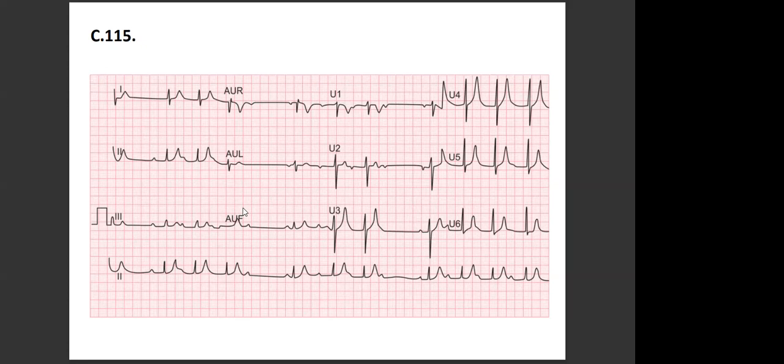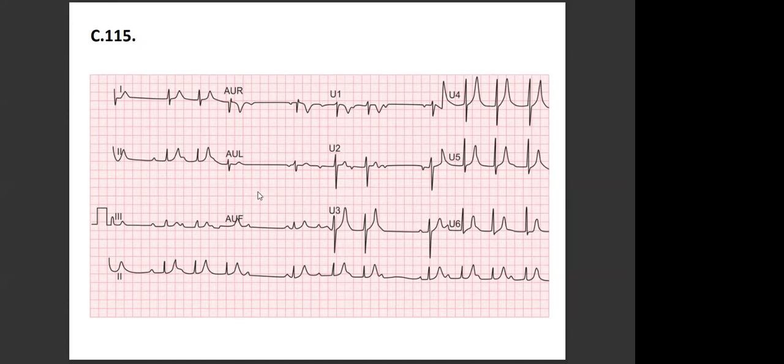So that's around 60, but a little bit less since lead 1 is bigger than lead 3. And I thought that it would probably be second degree AV block, Mobitz type 2.